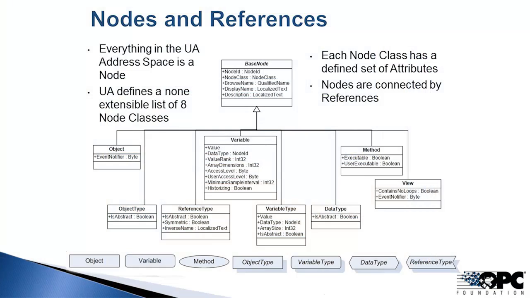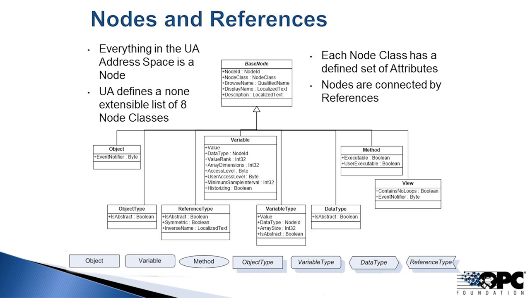Everything in OPC UA is a node. So the address space of an OPC server gives you the full description of the information that is inside this device. And all this is described with nodes, and there are 8 node classes defined by the OPC Foundation. Those are the base node classes, and from these, everything else is derived.